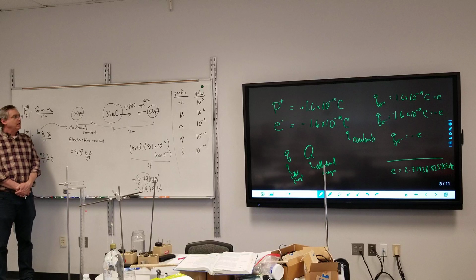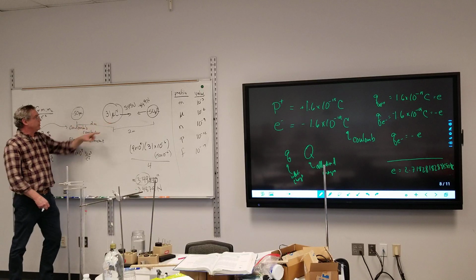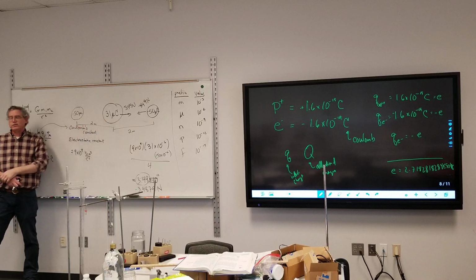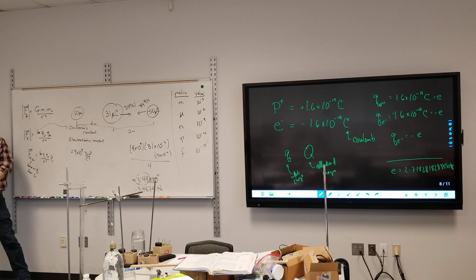Wait, repeat the question. I have a 30 microcoulomb charge here. I have 2 negative 50 microcoulomb charges there. What is the net charge on the middle one? Like 7 newtons? Almost. I know where you got that, and that is not correct.